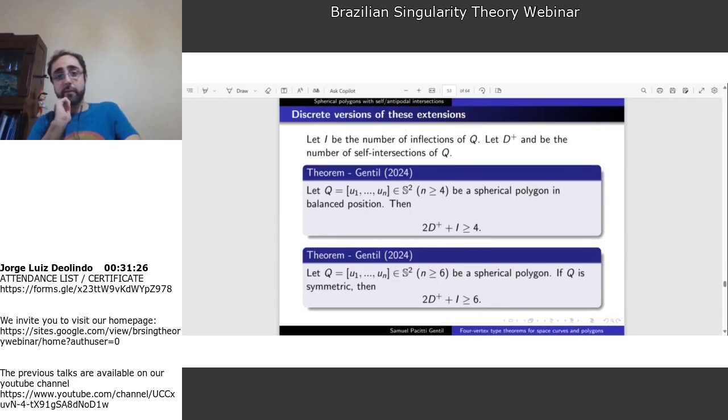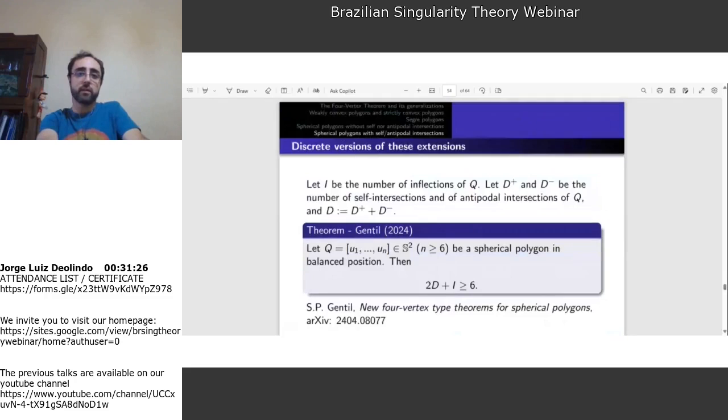Let I be the number of inflections of our polygon, and let d plus be the number of self-intersections of our polygon. Then we get this extension of our discrete theorem. You also have a lower bound of 4, but now we also are considering polygons which might have self-intersections. And if the polygon is symmetric, then this lower bound can be improved to 6.